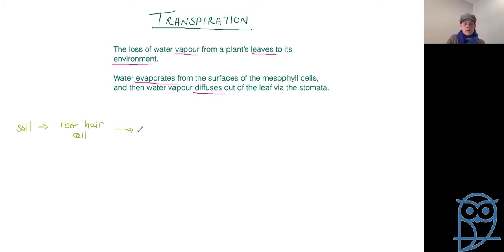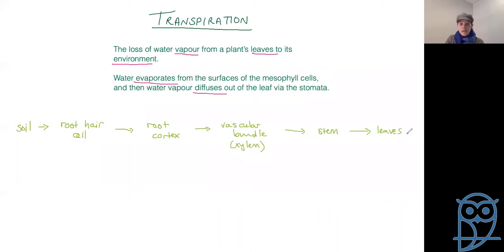Then we go across the root cortex, and we get into a vascular bundle. In particular, inside that vascular bundle, the water is traveling in the xylem. Go in the vascular bundle, all the way up the stem, all the way to the leaves.